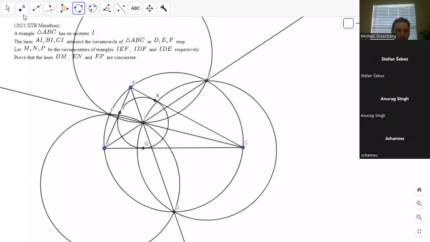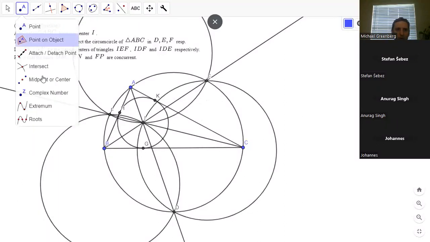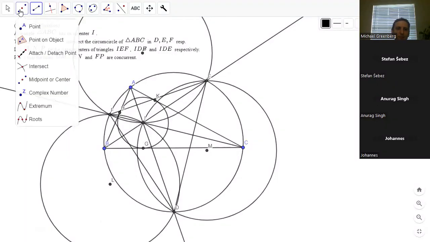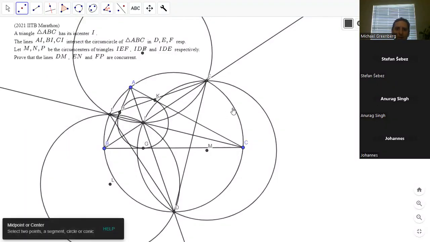Basically, this problem is almost trivial. So you don't need ABC. You just have D, E, F and the orthocenter I. So DEF has orthocenter I. And then those circumcenters are just reflections of O in lines EF, DE, and DF.